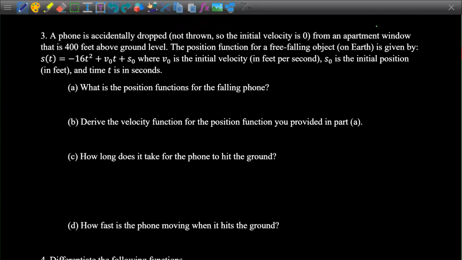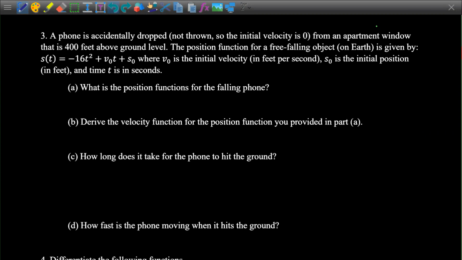And number 3, this problem, by the way, is similar to the problem that you may have seen before about the silver dollar being dropped. So a phone is accidentally dropped, in this case, not thrown. So that means that the initial velocity is 0. It's dropped from an apartment window that is 400 feet above ground level.